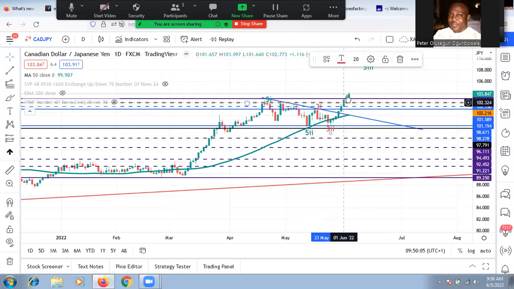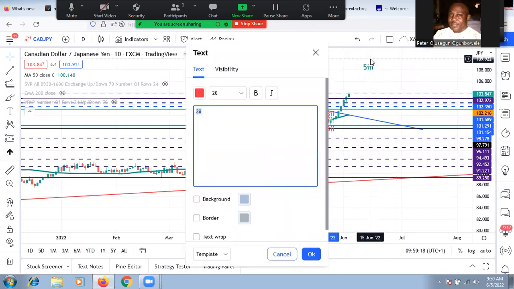So we are actually inside of a 3-3. A 3-3 of 5. Oh, a 3-3 of 5.